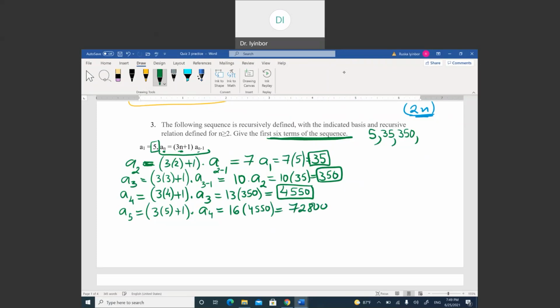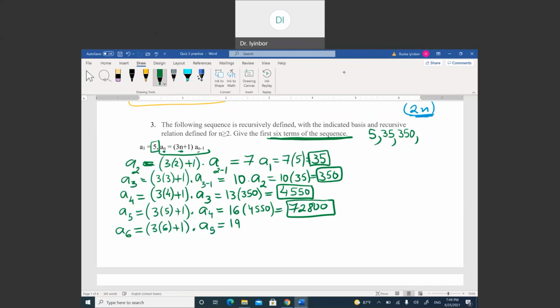And I need one more, A6. And A6 is replacing n with 6. So we have 3 times 6 plus 1 times A5. And that's 18 plus 1 is 19.